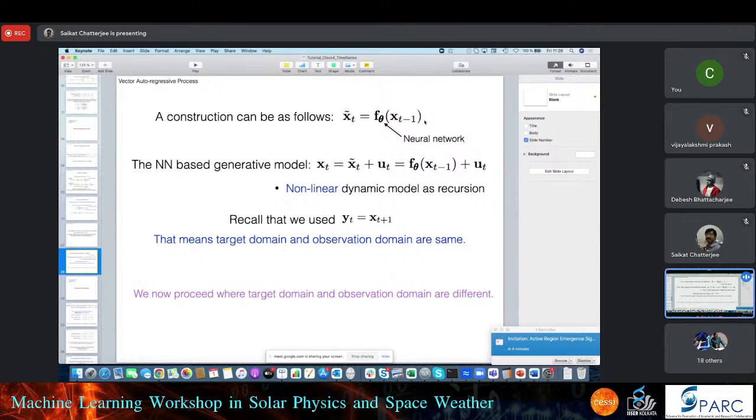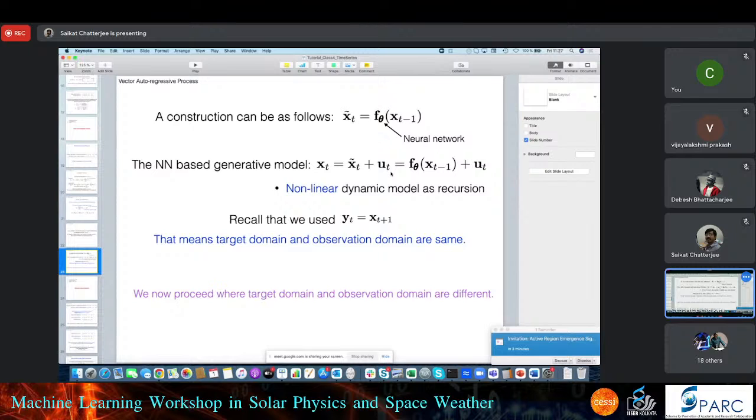So if it is a neural network, then what is the generative model? That xt, the time sequence, is generated like this. This part I could predict, and this is the innovation part, right? There has to be something innovation, something uncertain. Because if I do not have the uncertain part, then of course from the previous samples I can exactly predict what will happen in the next sample, and that's a trivial signal.